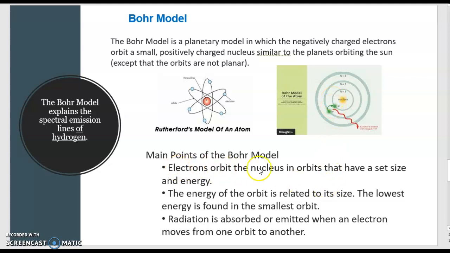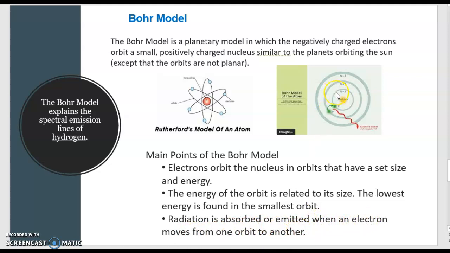Okay, so electrons orbit the nucleus in orbits that have a set size and energy. The energy of each orbit is related to the size of the orbit. The lowest energy is down here at the smallest orbit. And radiation is absorbed or emitted when an electron moves from one orbit to another.